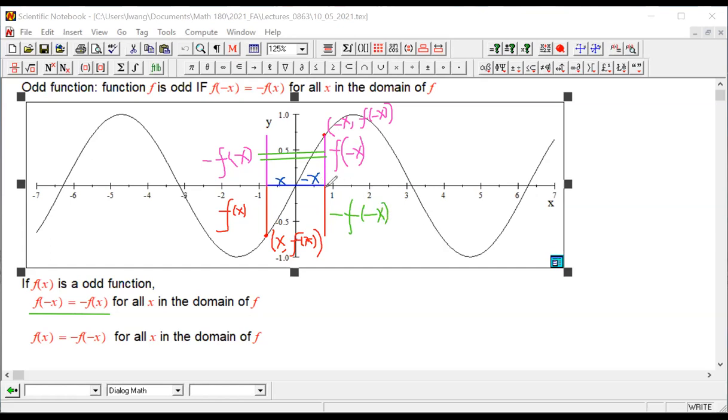Because this red is the opposite of that guy, so I just put a negative sign in front of it. And these two are equal. And that's the second form.